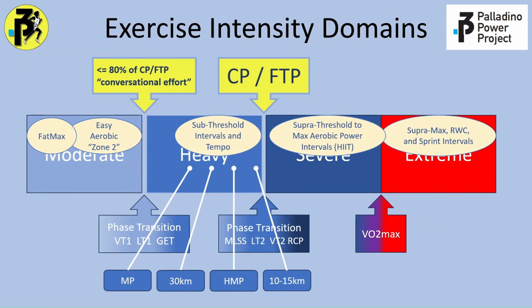Or if you're familiar with Norwegian singles, you're familiar with these intensity domains within the sub-threshold intervals component of Norwegian singles. Within that domain, we could be even more precise, to within, say, a 3% wide prescription band.